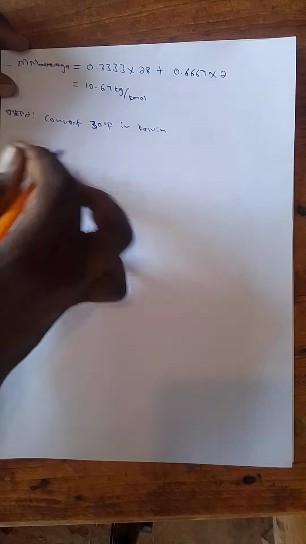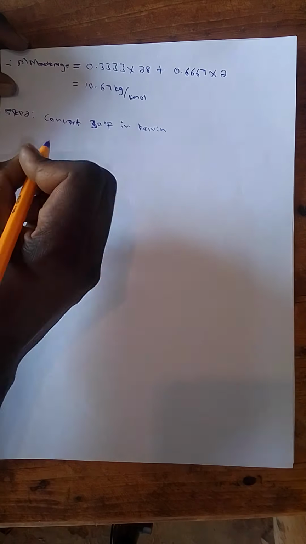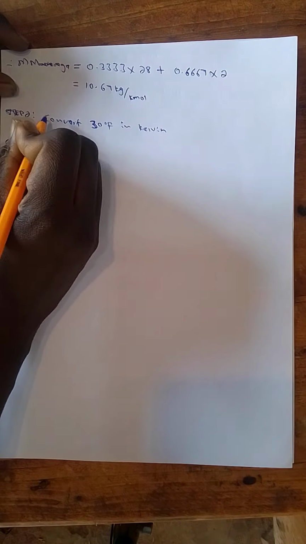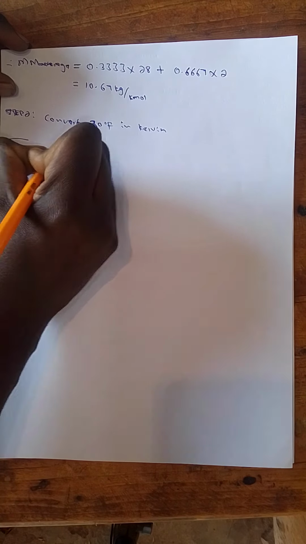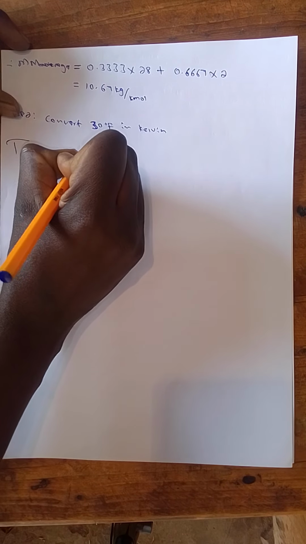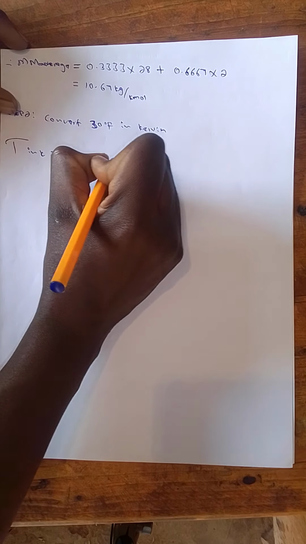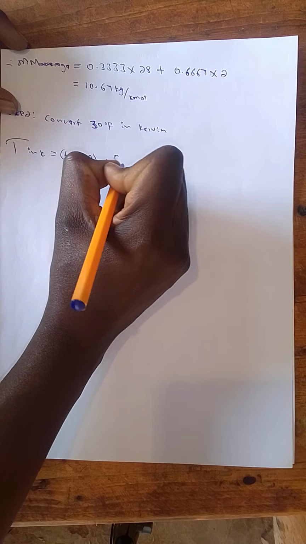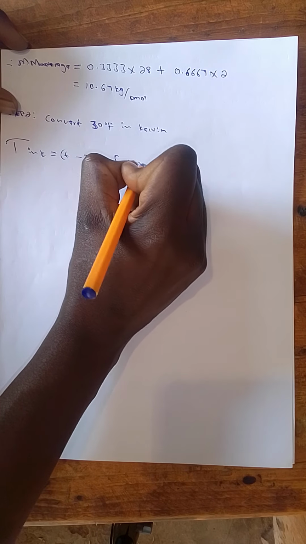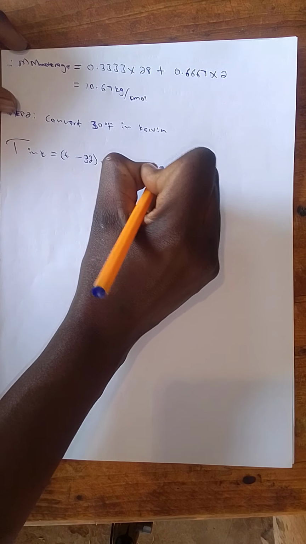To write the equation for converting degrees Fahrenheit into Kelvin: T in Kelvin is equal to (T minus 32) multiplied by 5/9 plus 273.15.